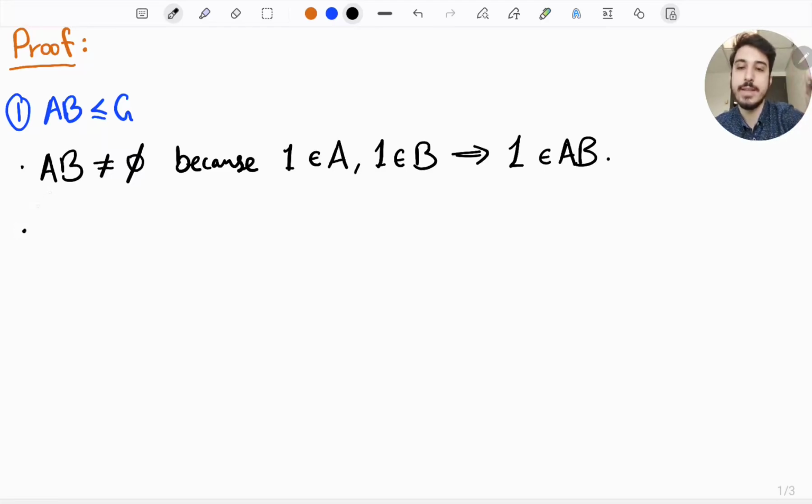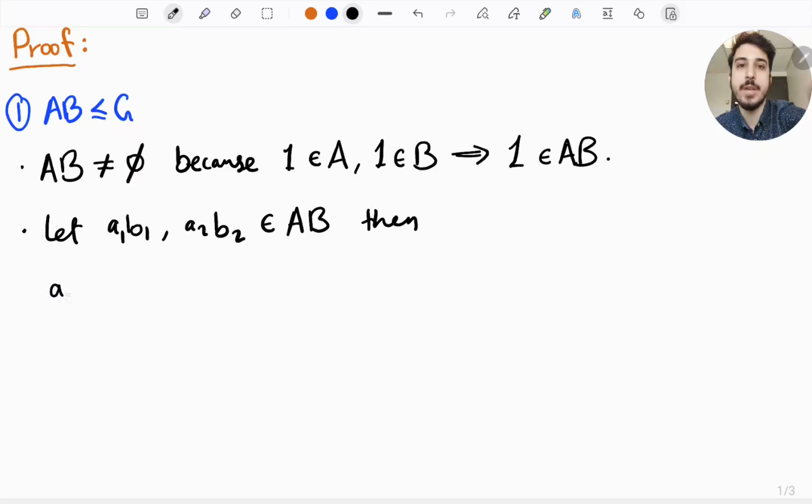The second one is that if we let a1 b1 and a2 b2 be two elements in AB, then we have that a1 b1 times (a2 b2) inverse is equal to a1 b1 b2 inverse a2 inverse.